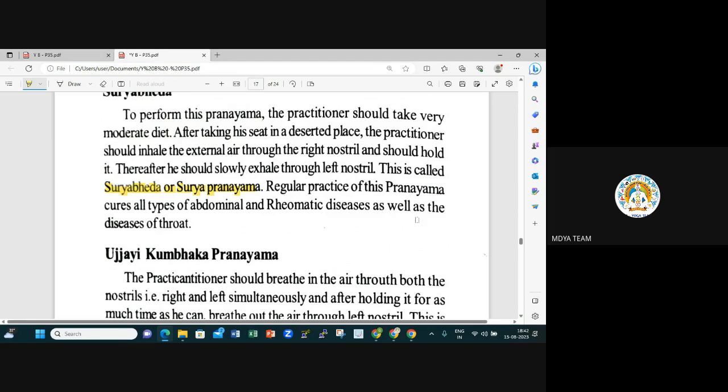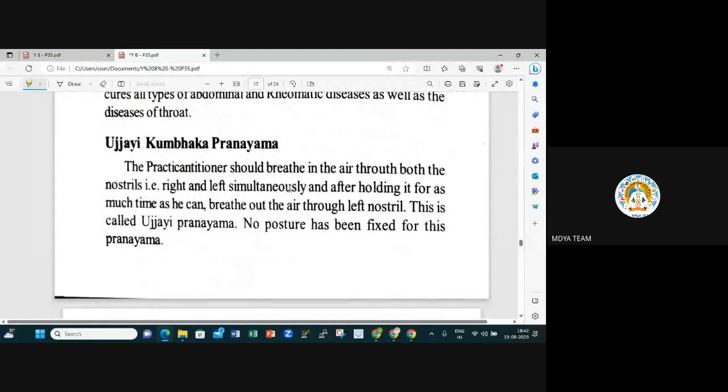Both the nostrils are described here. Right nostril and left nostril. You have to inhale through right, exhale through the left. Here in Ujjayi Kumbhak, it is discussed that right and left simultaneously you have to take the, as usual, normal Ujjayi, we practice Ujjayi pranayam, this one. So this is called Ujjayi pranayam.